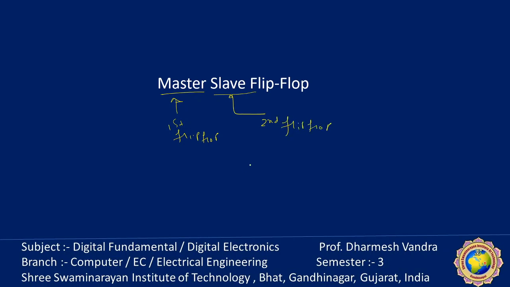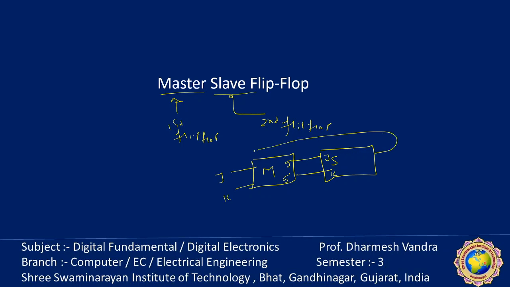So the two flip-flops are connected in cascade, master and slave. The output of the master, Q and Q dash, goes into the other flip-flop, and then whatever the output is, it is again fed back.